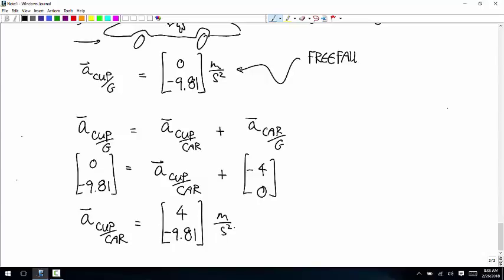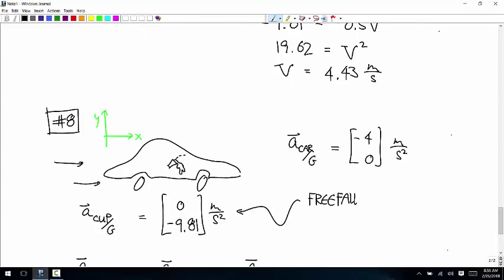If you have a coffee cup sitting on your dashboard and you run into something forward, the car accelerates backwards really quickly. This is set up wrong then, right? This cup relative to car would be 0. My drawing is backwards. Well, the cup relative to the car would just be negative 9.81 because the car's moving at the same speed as the cup.